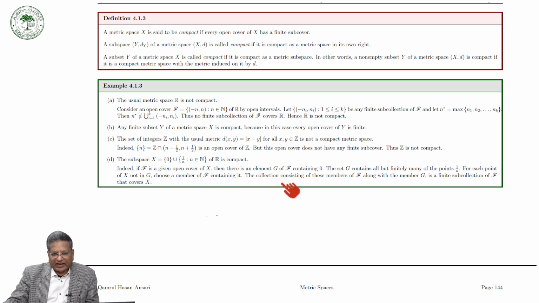Then the collection consisting of all these members of F along with the member G is a finite subcollection of F that covers X. So this was any arbitrary open cover. This open cover has a finite subcover, and therefore this set is a compact subspace of R.